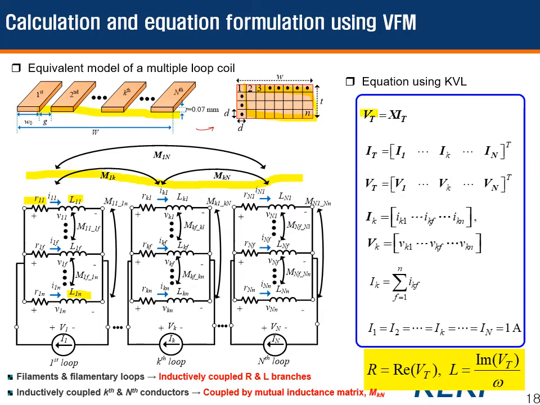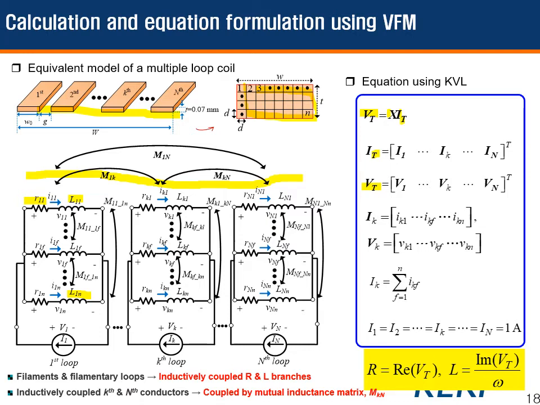It means Vt is equal to the impedance matrix times the current It. It and Vt are defined as follows, and Ik and Vk are defined as follows.